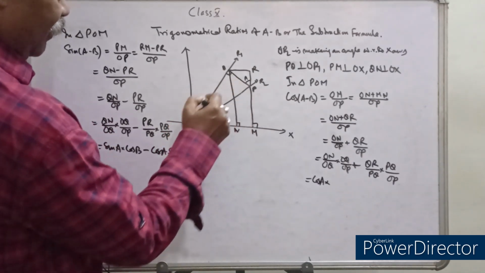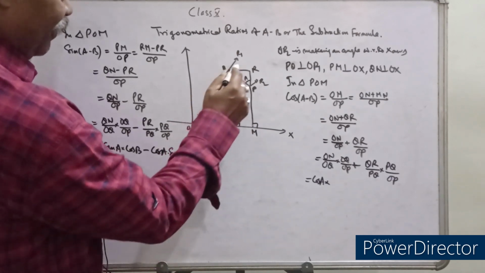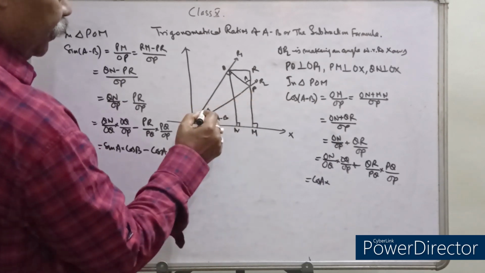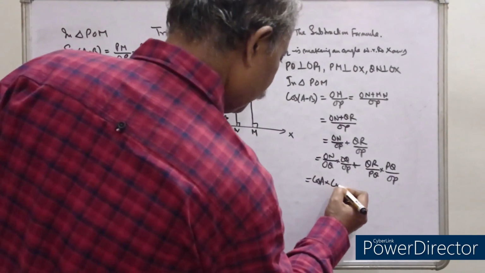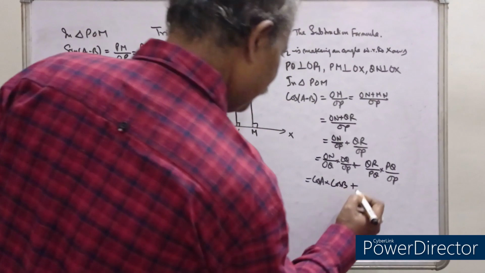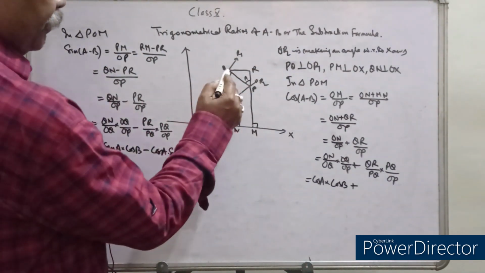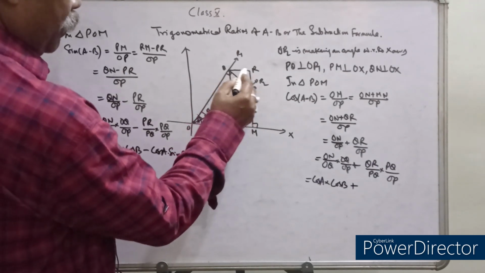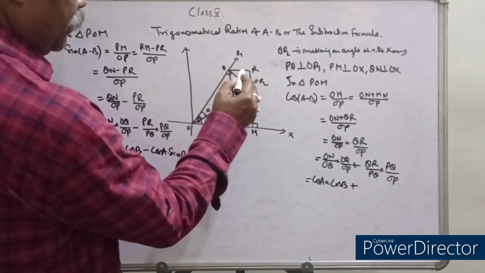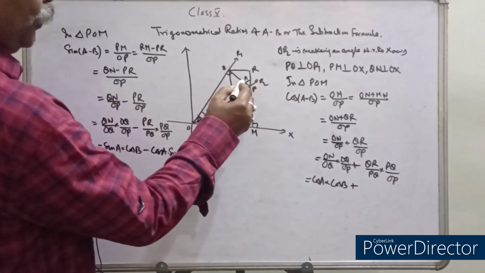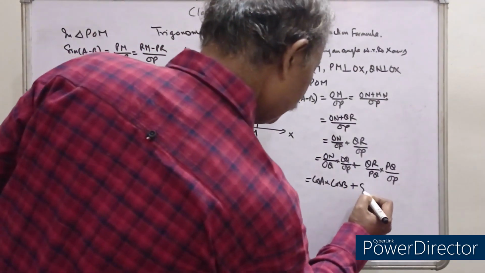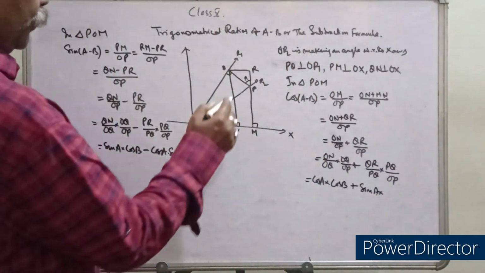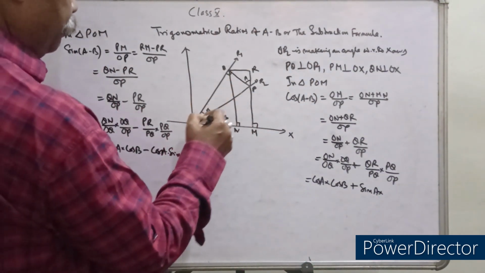Again this is a right angle triangle, OQ by OP is base by hypotenuse, this is cos B. Plus QR by PQ, perpendicular by hypotenuse for this angle, so this will be sine A into PQ by OP.